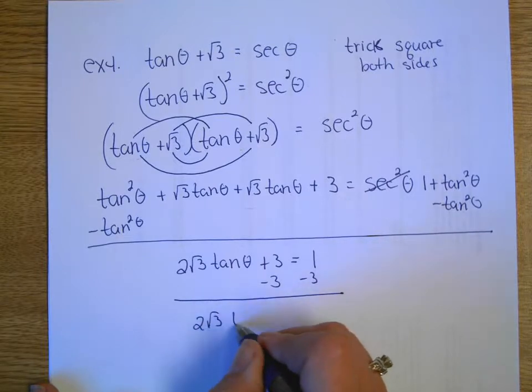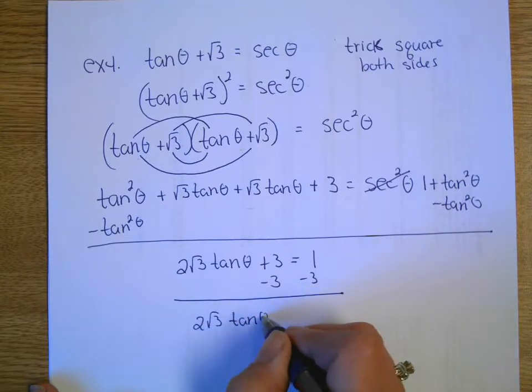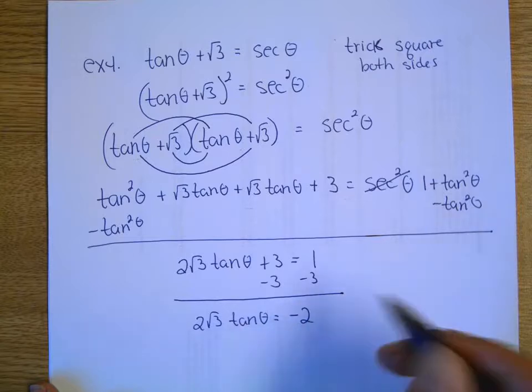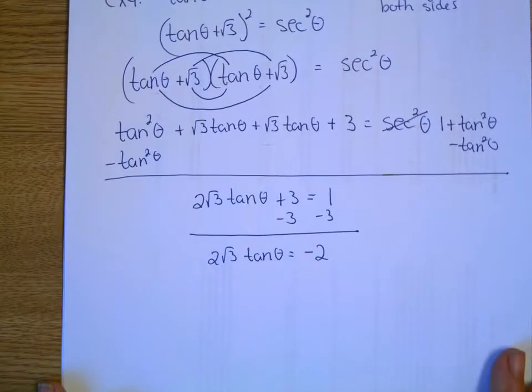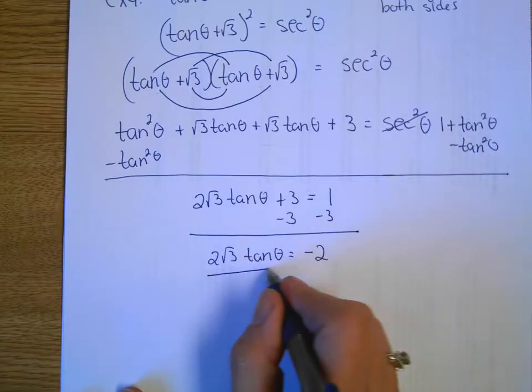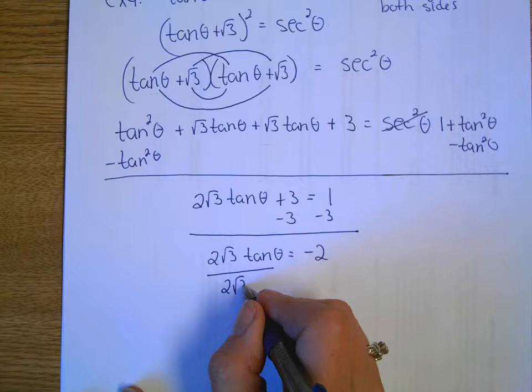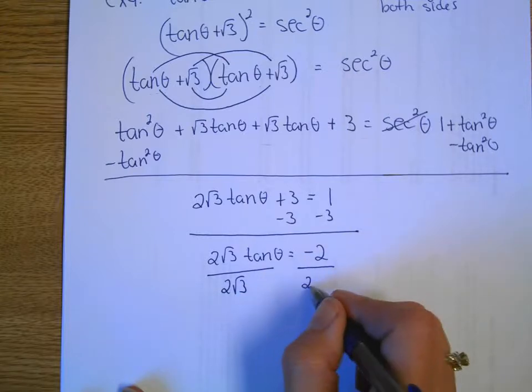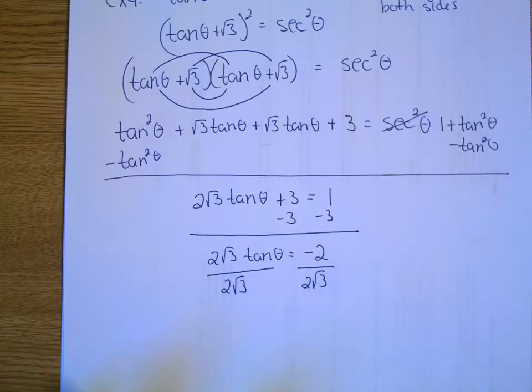2 square root of 3 tan equals negative 2. Now what? Divide by 2 square root of 3. I don't think we got rid of the tan squared, but we still had tan in here. I think that's okay, because we didn't really eliminate tangent from the problem.